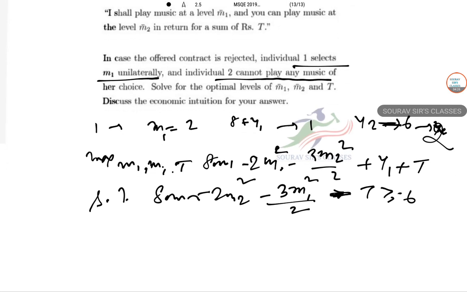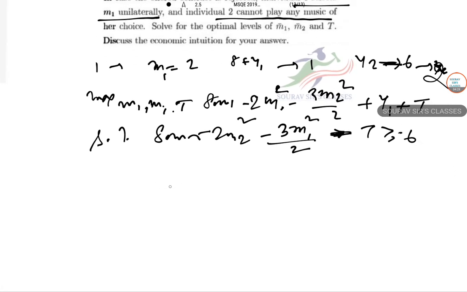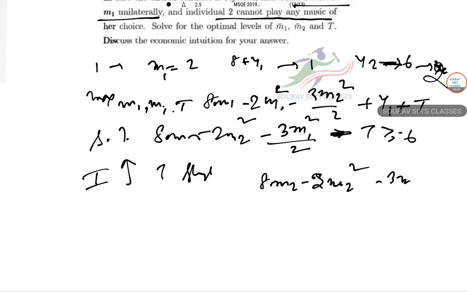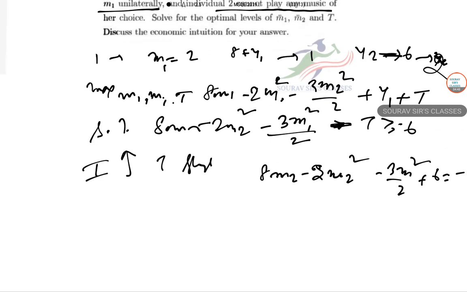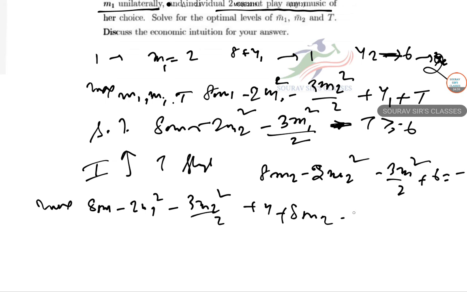Observe that the constraint will be binding, because otherwise individual 1 can increase T slightly and obtain higher utility. So it must hold that 8M2 minus 2M2 square minus 3M1 square by 2 plus 6 equals T. Then the problem becomes a little different: max of 8M1 minus 2M1 square minus 3M2 square by 2 plus Y1 plus 8M2 minus 2M2 square minus 3M1 square by 2 plus 6.